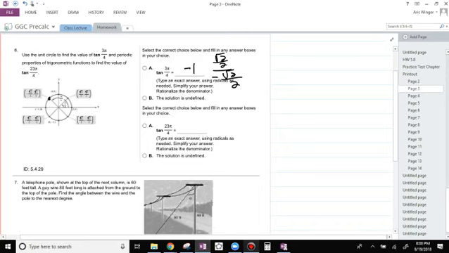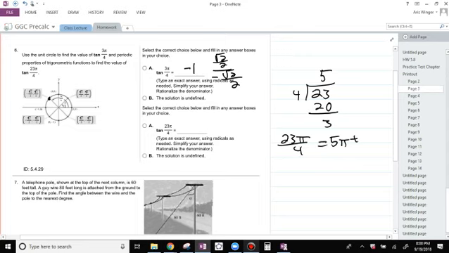23 pi over 4, it's going to end up being the same thing, roughly, right? 4 into 23 goes 5 whole times, right? Remainder 3. 23 pi over 4 is 5 pi plus 3 pi over 4. 2, 4, 5 pi, and another 3 pi over 4 takes you here.